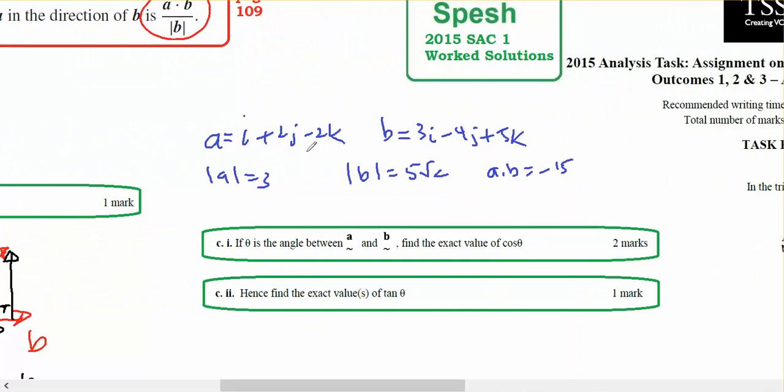Now I know from the previous part of the question that this is A, this is B, that's the magnitude of A, that's the magnitude of B, and that's what A dot B is, just by looking at the previous working out.